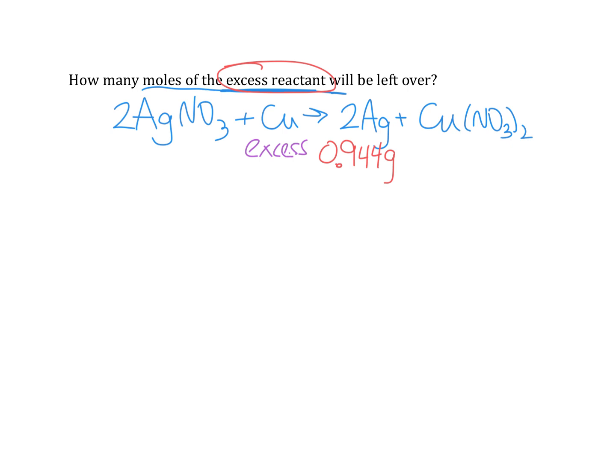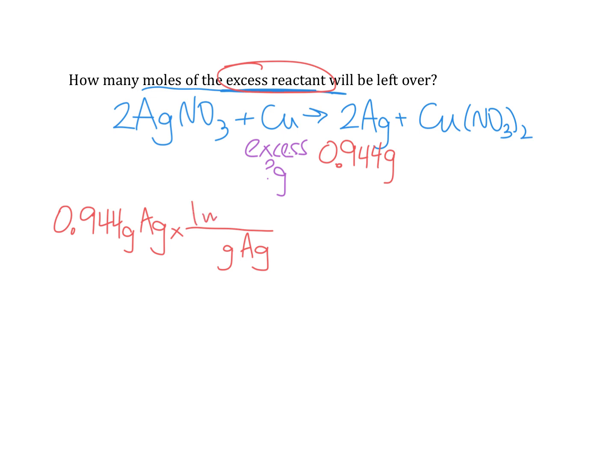And so we're looking for the amount of copper that was used to make the 0.944 grams of silver. So we're going to do a stoichiometry problem starting from where we ended on the last problem.